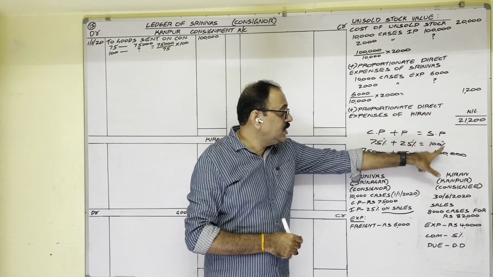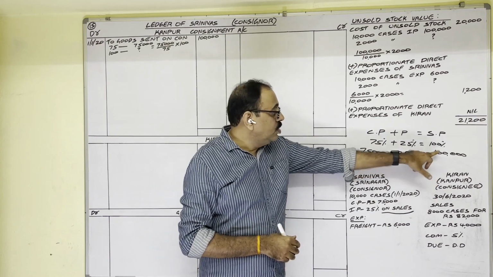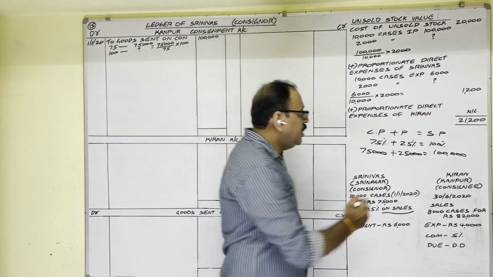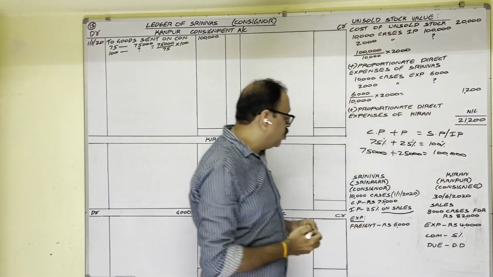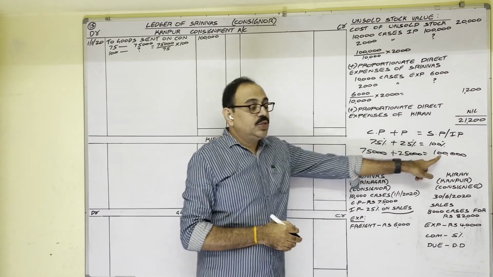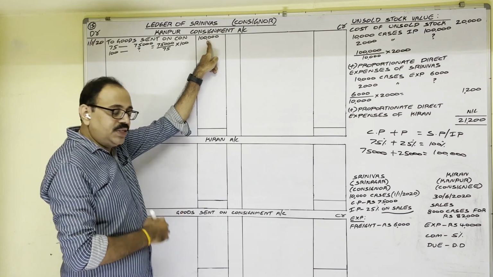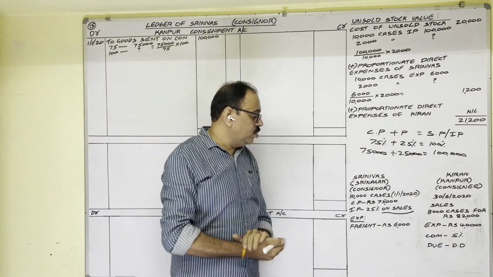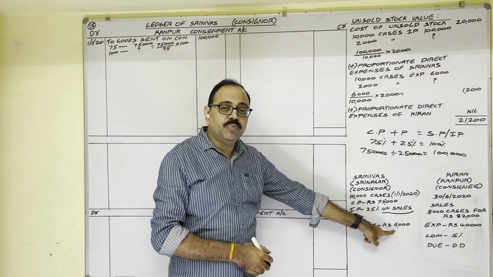Means the sale price is nothing but the invoice price here. So this sale price, nothing but the invoice price on the total goods of 10,000 cases, is 1 lakh rupees. So that 1 lakh we have written in the amount column. Next, to send these goods, the consignor incurred expenditure of 6,000 rupees.